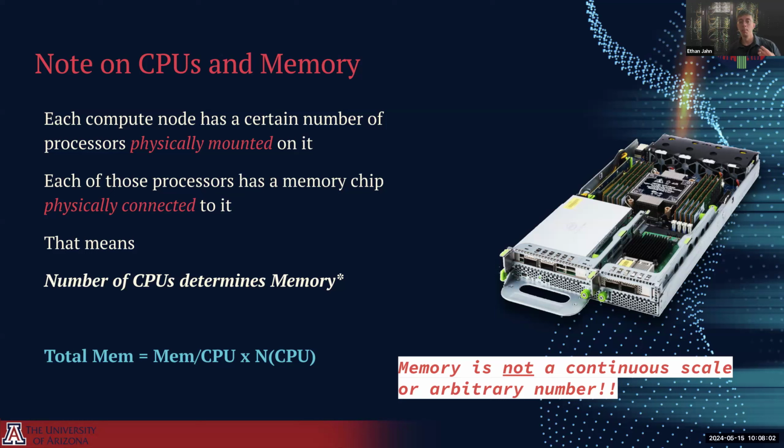My job might be memory limited, and in that case, I might request more processors than I really need in order to boost the memory that the job has available to it. So it depends on what the needs of the job are.